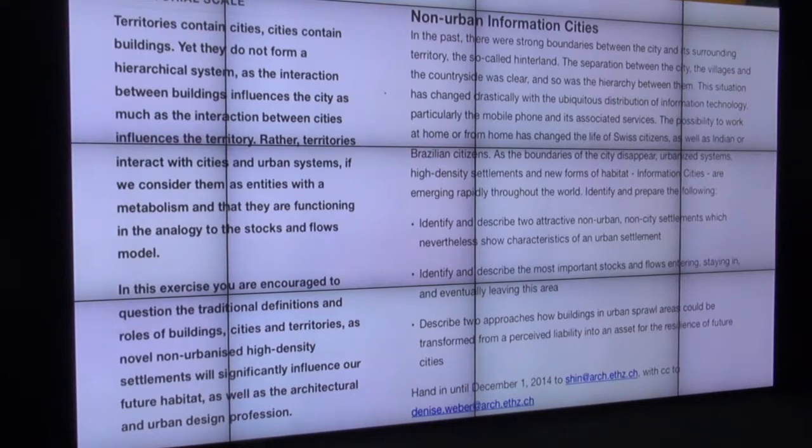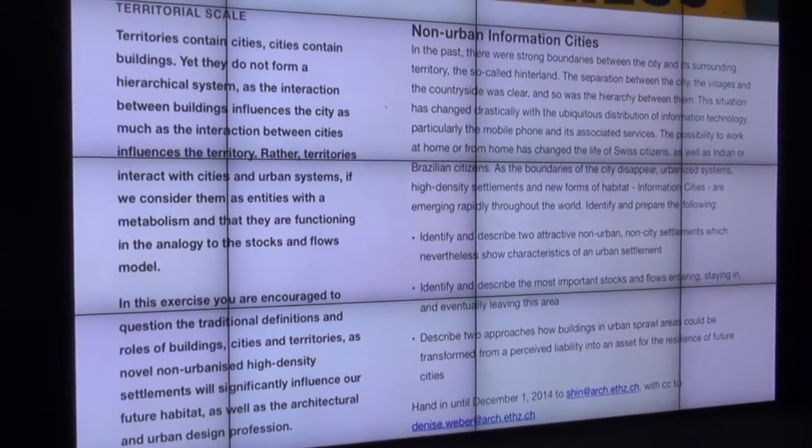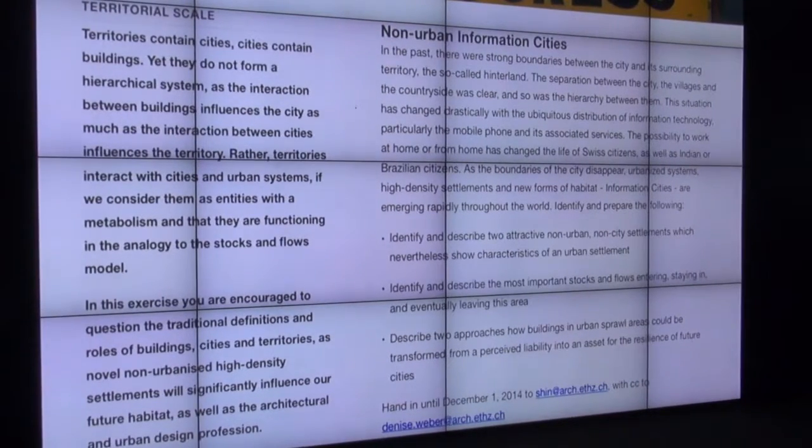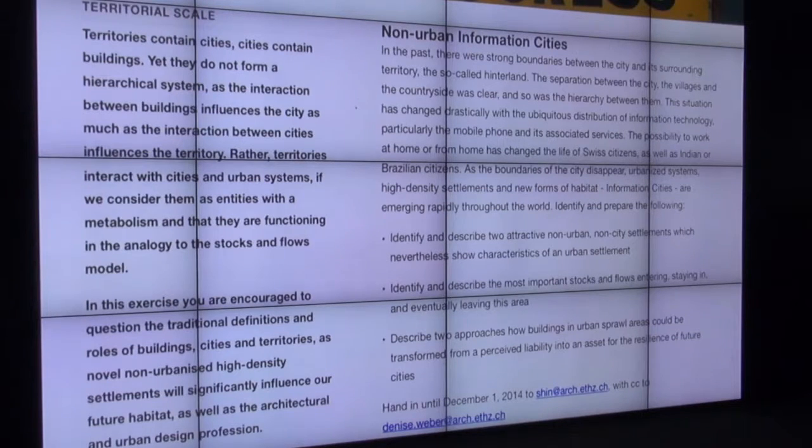It is an exercise on the territorial scale, because territories contain cities, cities contain buildings, but they do not form a hierarchical system, because the interaction between buildings influences the city as much as the interaction between cities influences the territory. Territories interact with cities in urban systems, if you consider them as entities with a metabolism, functioning in analogy to the stocks and flows model.